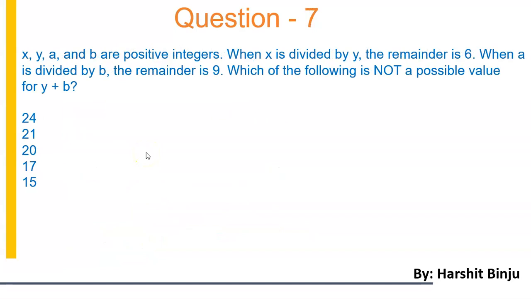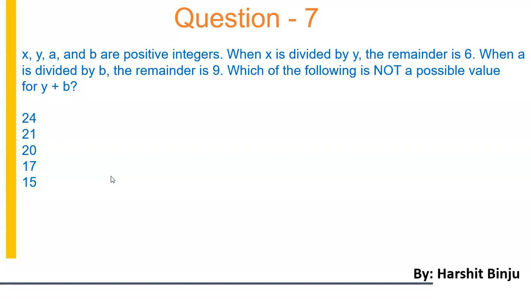Alright. Pause the video and try this question, please. Okay, let's see what we can do with this one. x, y, a, b are positive integers.